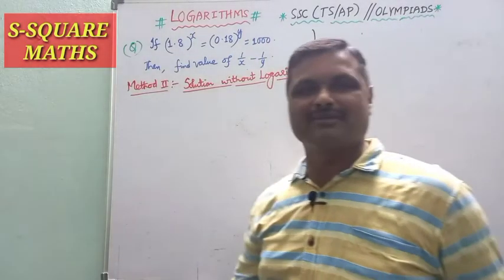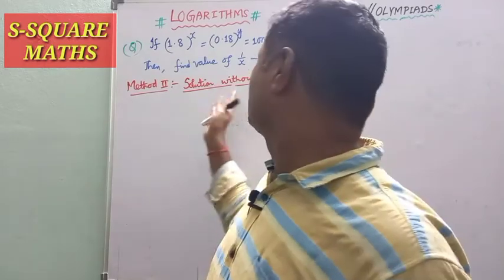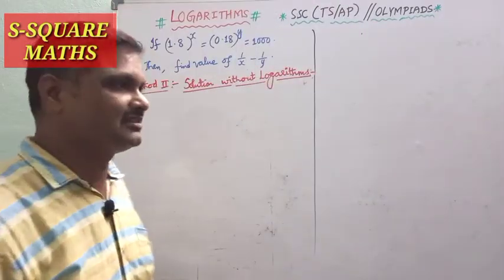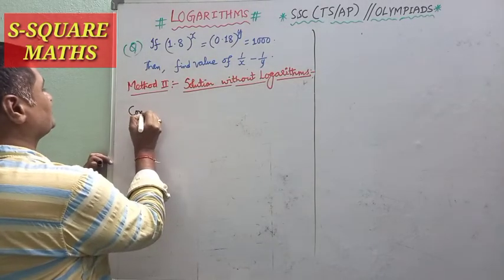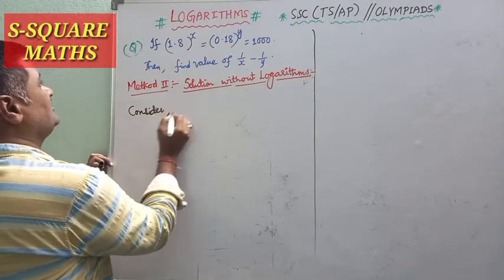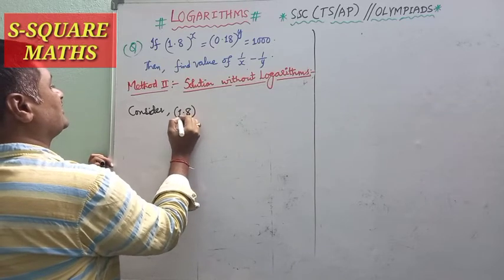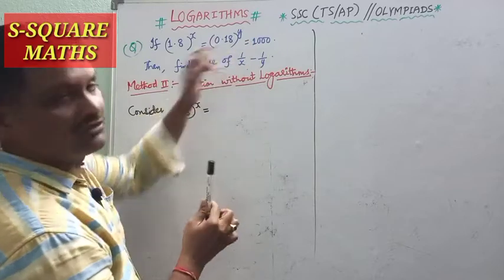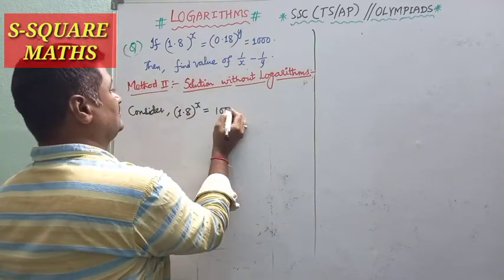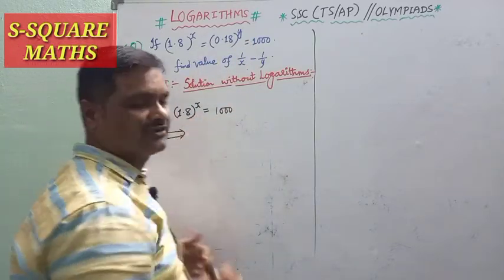Now let us crack the same problem solution without logarithms. So let us consider now our expression: 1.8 whole power x is equal to 1000. So this is nothing but in exponential form.